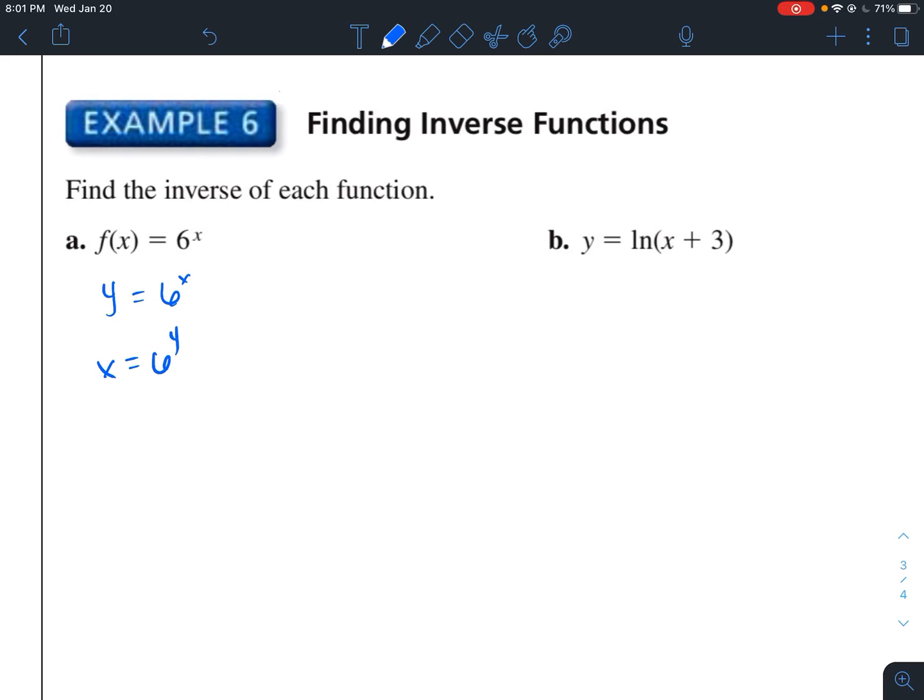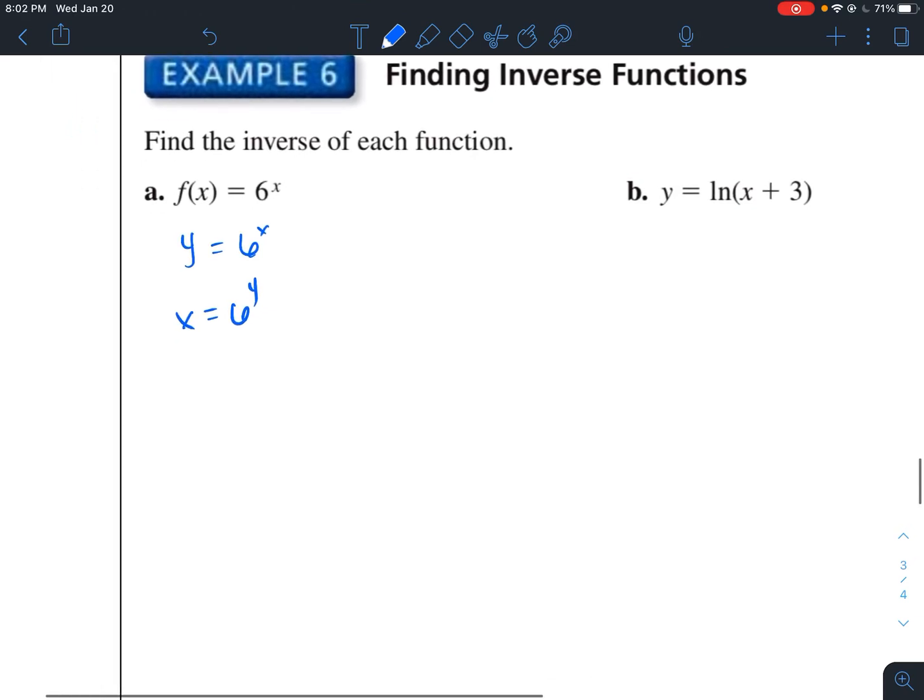Now, I need to get y by itself. So I'm going to perform the inverse operation of this, which would be a logarithm. So on the right side, if I take the log base 6 of 6 to the y, that means on the left side, I have to do the log base 6 of x.